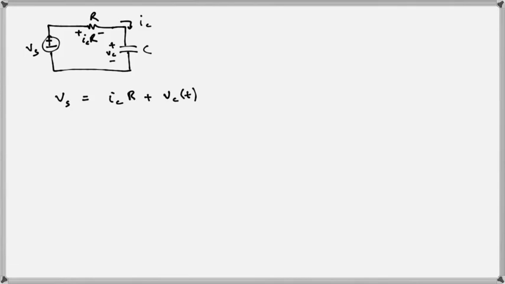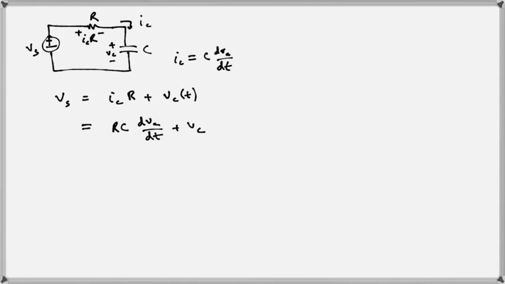And because we know that IC is C dVC/dt, sorry, that should be an IC, we can write this as RC dVC/dt.